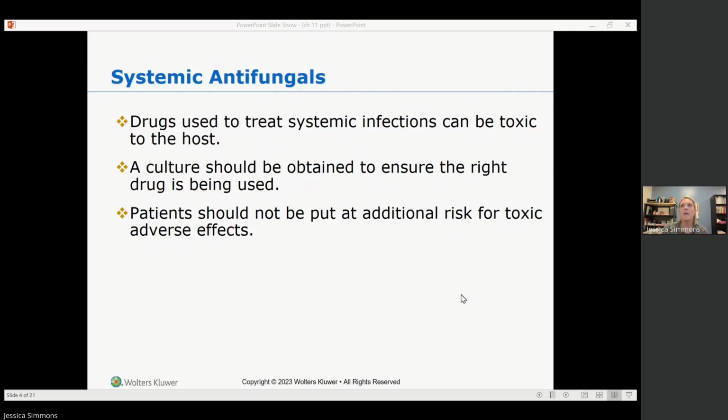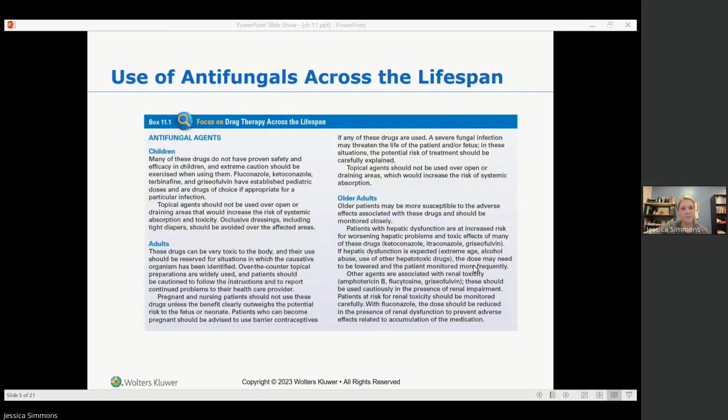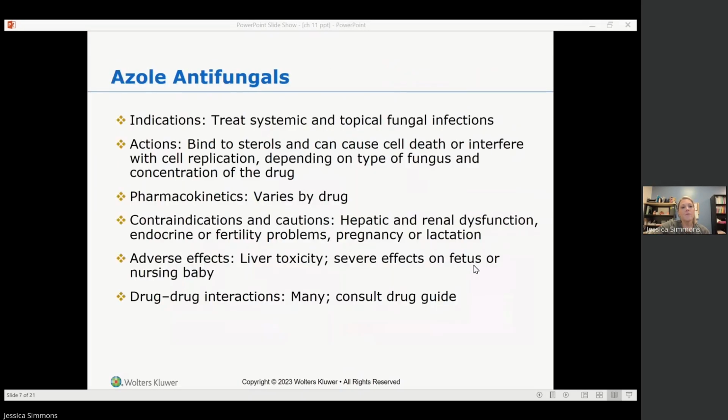So some antifungals, protozoals, they can be toxic to the human body at high doses. So you have to be careful. So azole antifungals, the indication is to treat systemic and topical fungal infections.